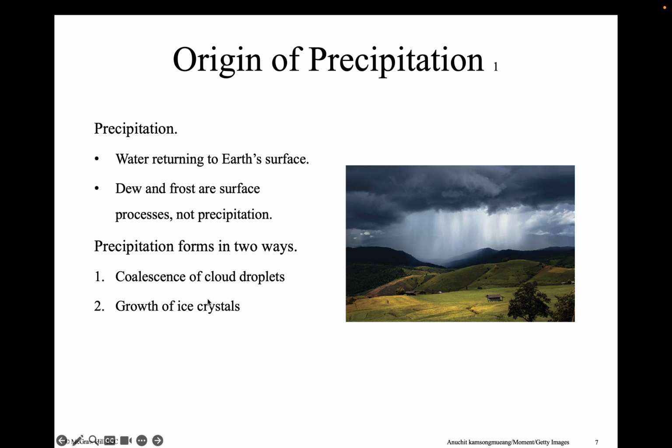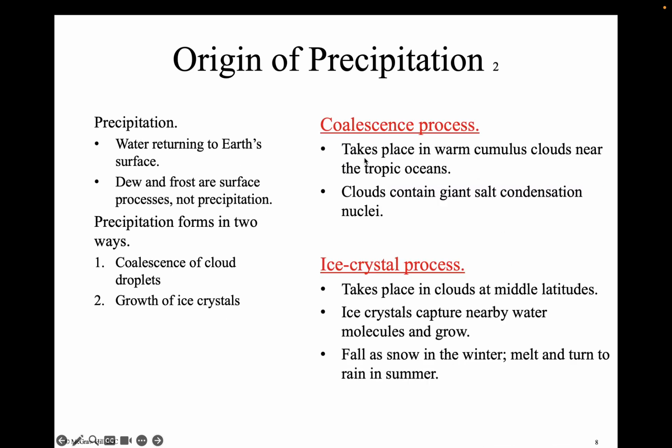Okay, so in the coalescence process, this process will take place in warm cumulus clouds that are near the oceans, especially in the tropics. So here in the coalescence process, you have large cloud droplets that will collide with each other, and in this process of collision, they merge together with smaller droplets as they fall.